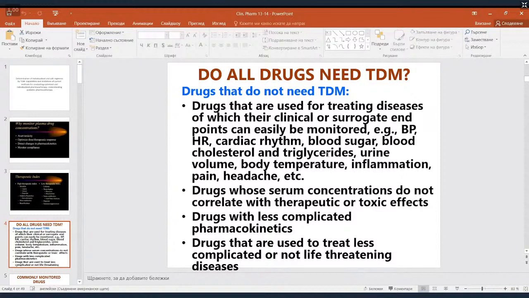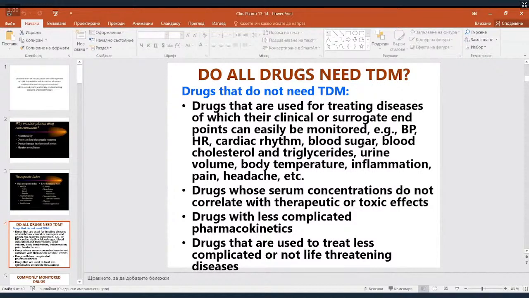We need to know when exactly the patient took his or her last dose of the drug, and we also need to write down the exact time when we take the patient's blood. As I said, TDM is an expensive and complicated procedure.